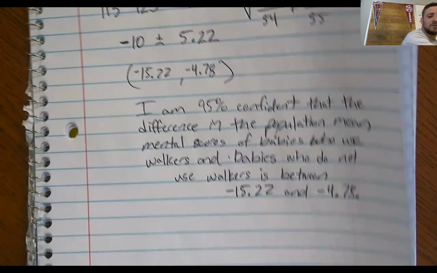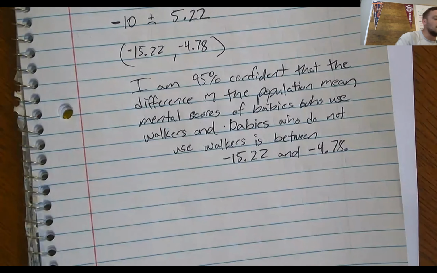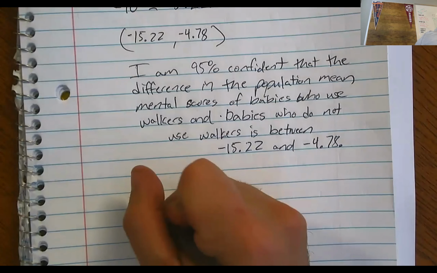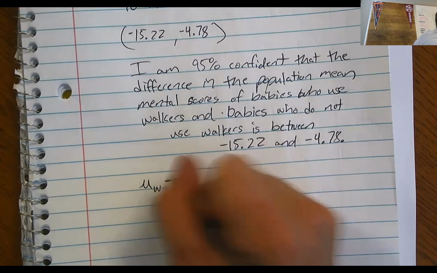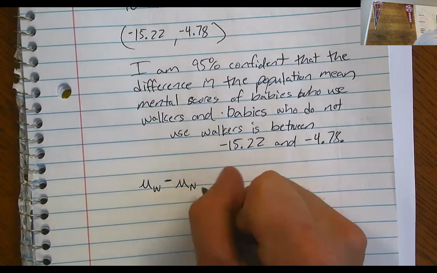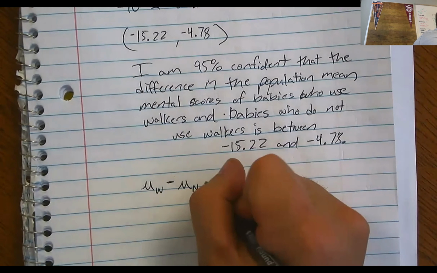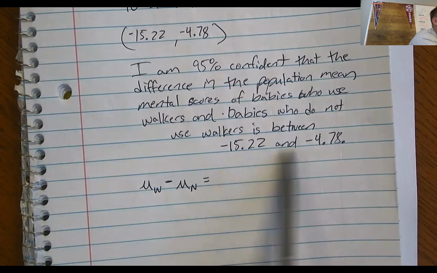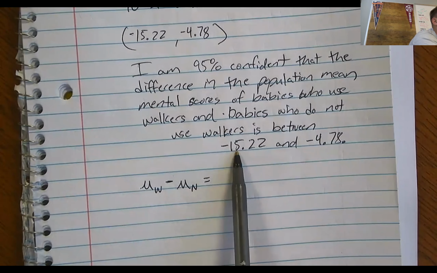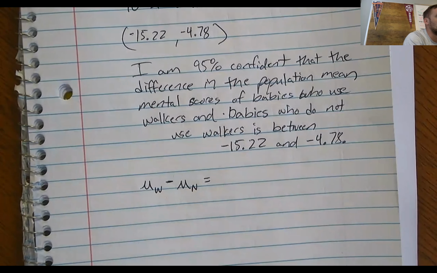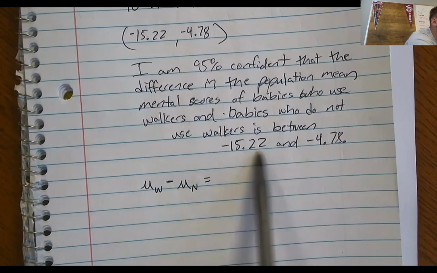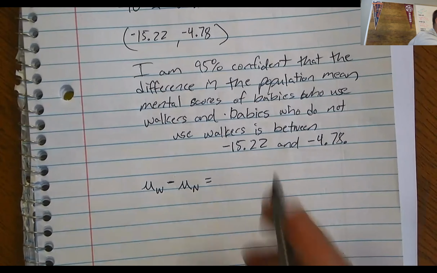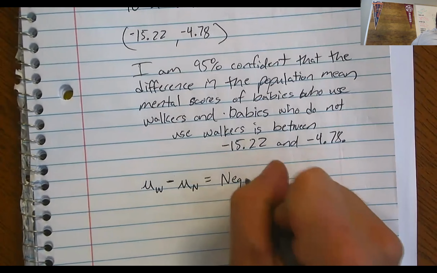So again, what I want y'all to realize is we just took the average walker baby score, we subtracted the average non-walker baby score, and look at our results. We believe the results are somewhere between negative 15.22 and negative 4.78. What I want y'all to realize is that all of the numbers in between these two are negative answers.